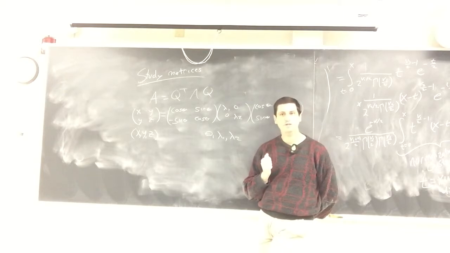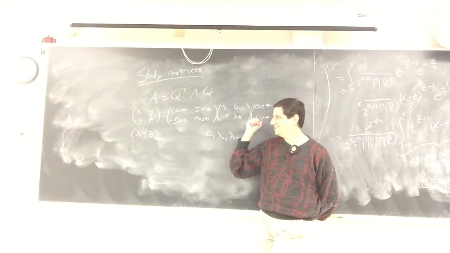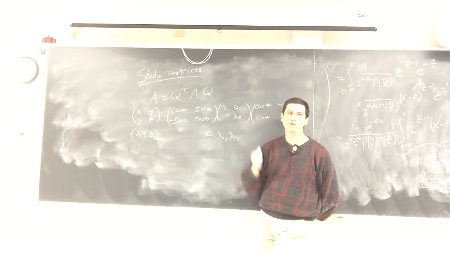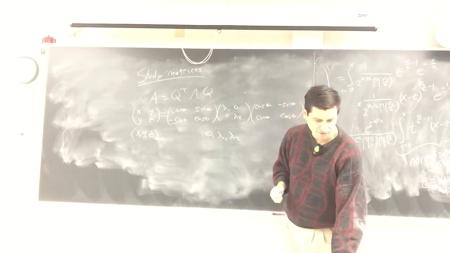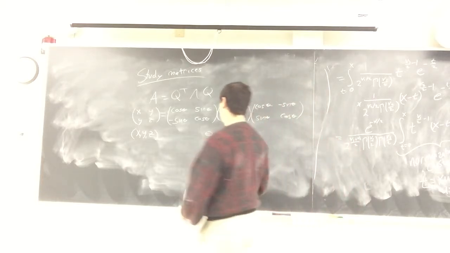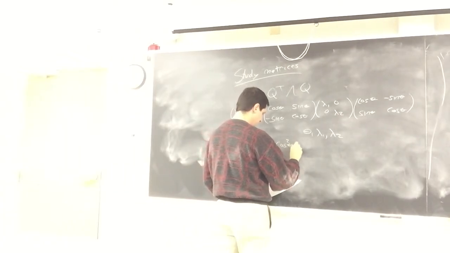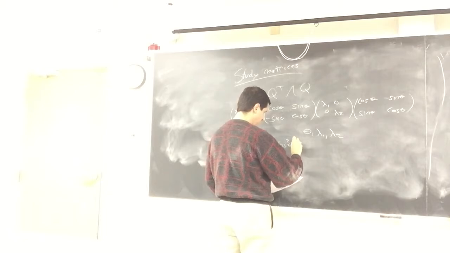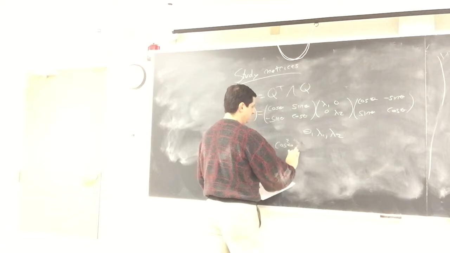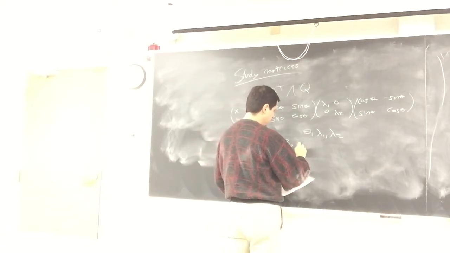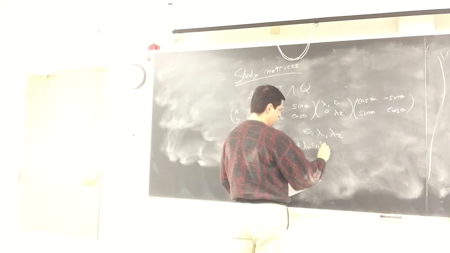This is where I am happy to refer you to this beautifully well-written textbook. You can go through the book and just do the algebra. You just have to multiply 2 by 2 matrices. So I'll list all of them. If you do the multiplication out, you'll get lambda 1 cosine squared theta plus lambda 2 sine squared theta.